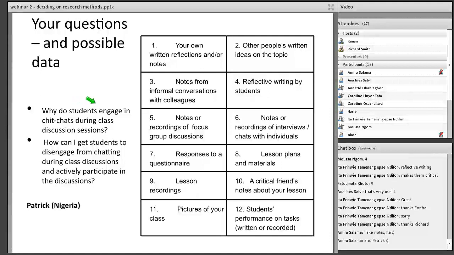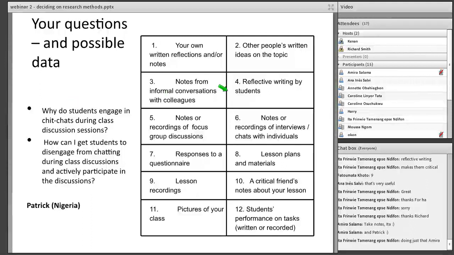I don't see any way really that we can find the answer to this question without asking the students. So I think that we're going to have the same kinds of data, and it's often the case that students' perceptions are a very common focus for research. So I would say again, asking the students themselves to write a little bit about this.